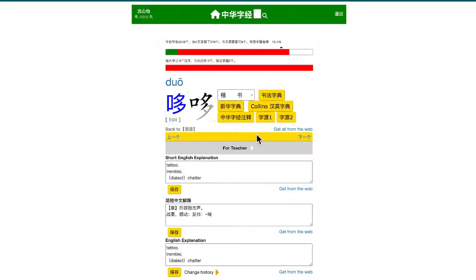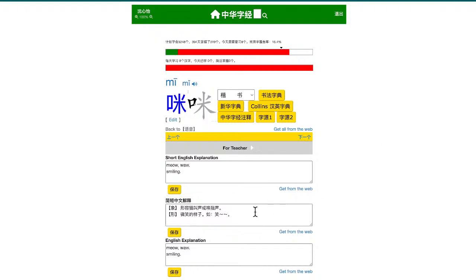So this is 哆. Next one, 咪, mī. It's also an onomatopoeia to describe a sound that a cat makes, meow, right. So 猫咪, that's why people sometimes call the cat 猫咪, because the cat makes the mī sound, okay.